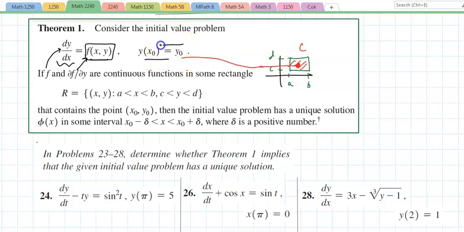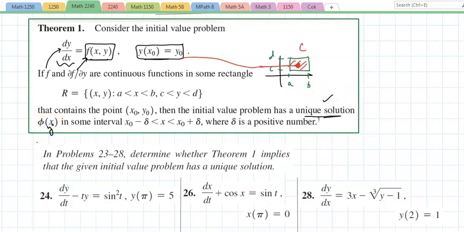So something that we haven't looked at, we're really going to touch on. What does the initial condition imply? That contains this one. Then the initial value problem has a unique solution. Unique means one of a kind, and when we get to the next chapter, I'll show you what that means.